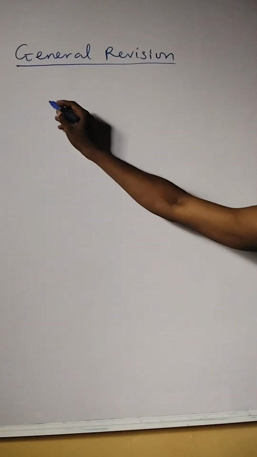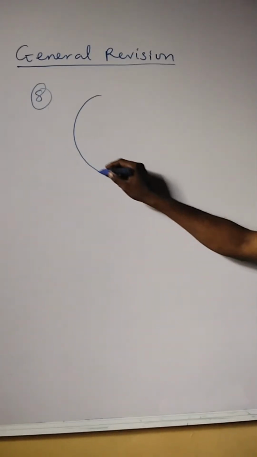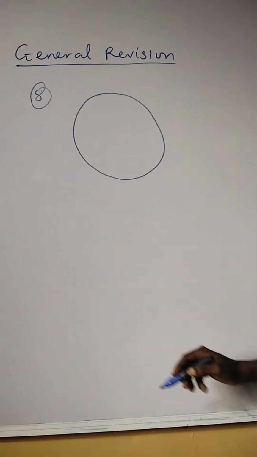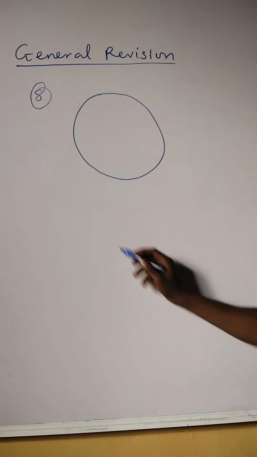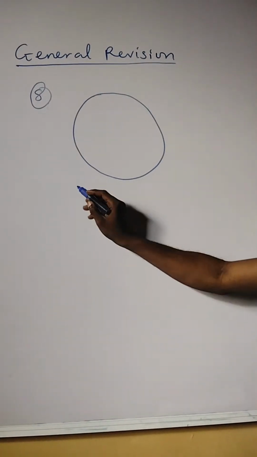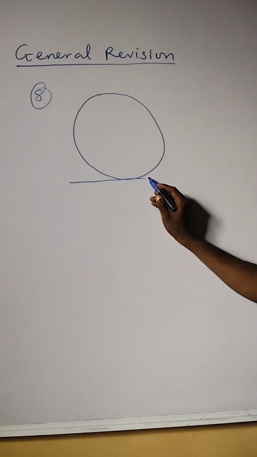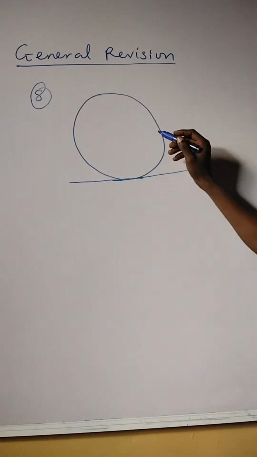We look at this as question number 8. We have a circle, and from this circle we have a tangent. The tangent touches the circle just at a point, so it's not entering, it's touching at the point.